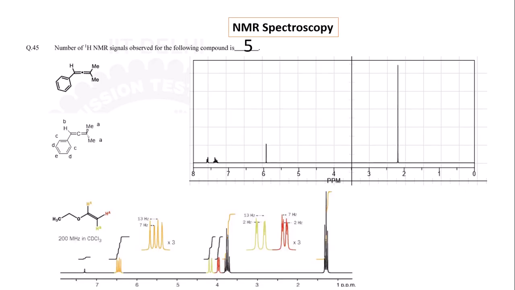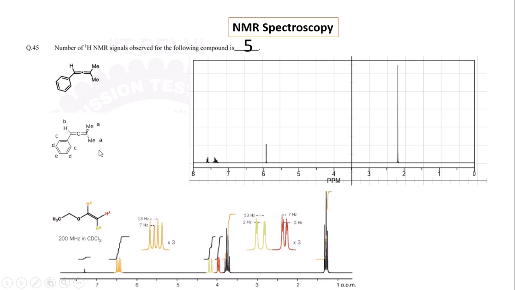This is the NMR problem, where in the given structure different types of protons are present, but here the two methyl groups are in the same environment. If we take the sigma plane, that is the mirror plane, in this alanine structure, the two methyl groups are related by the mirror plane.